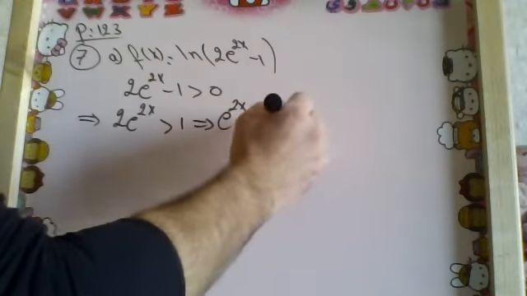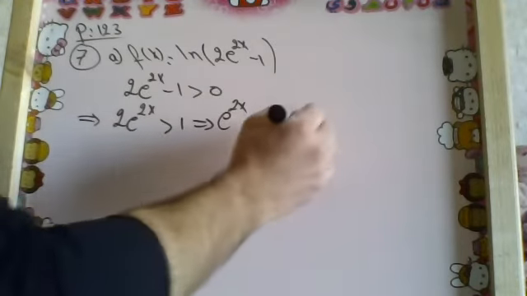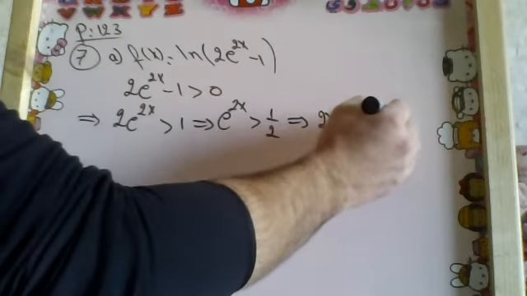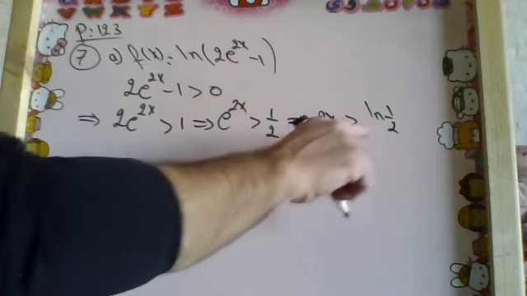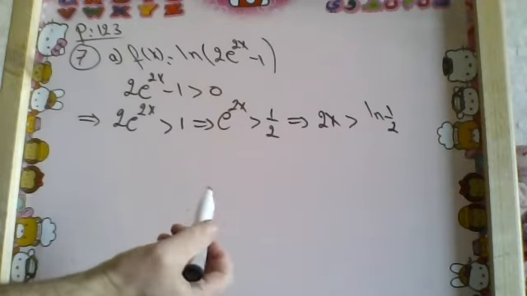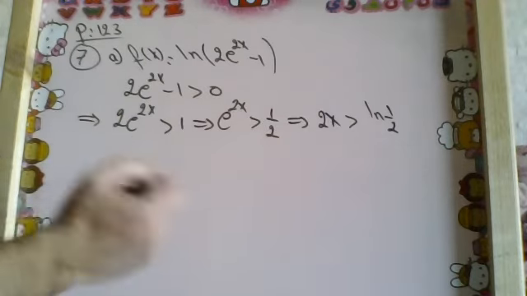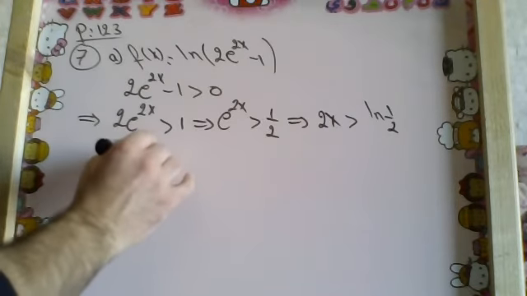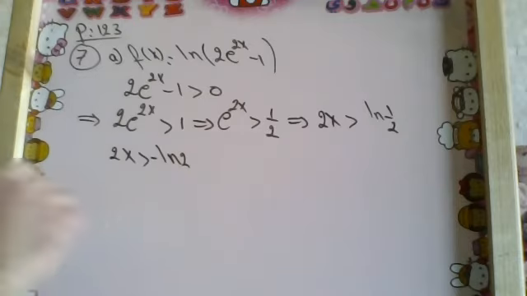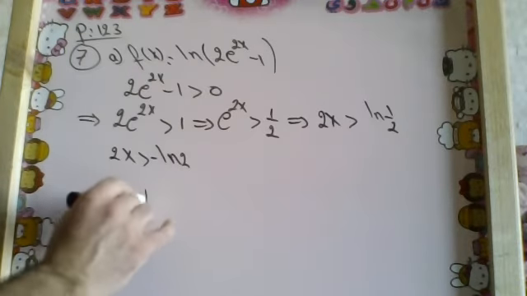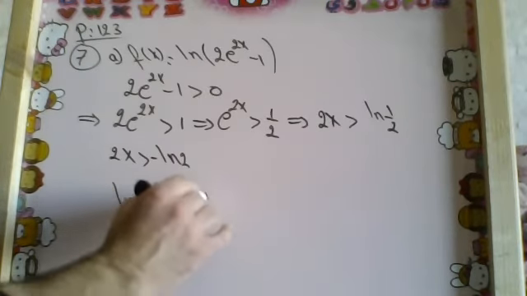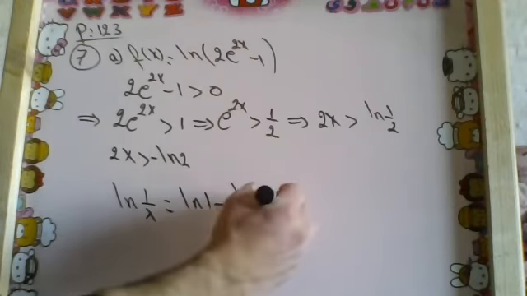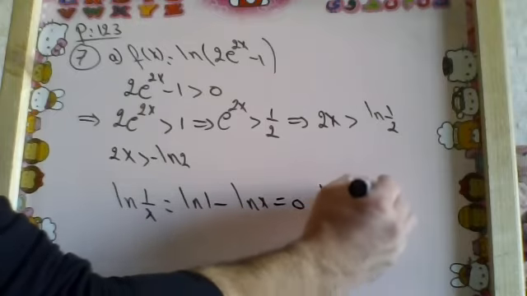Now you apply ln, then 2x is greater than ln half. By the way, ln half, ln 1 over 2, is negative ln 2. So 2x is greater than negative ln 2. Because we know the property ln of 1 over x is ln 1 minus ln x, and ln 1 is 0, so it equals negative ln x.